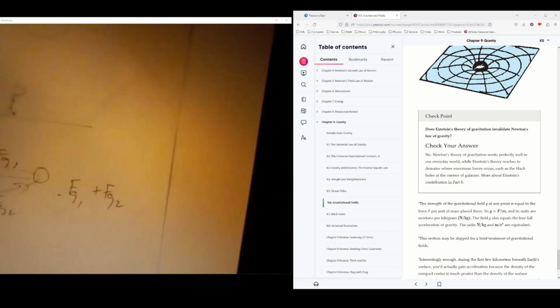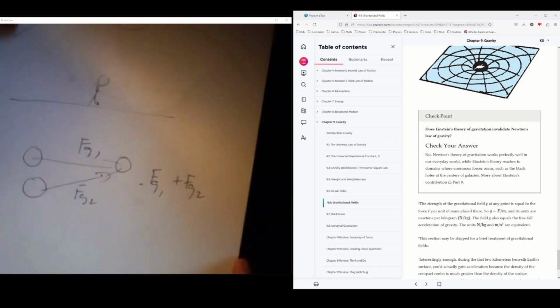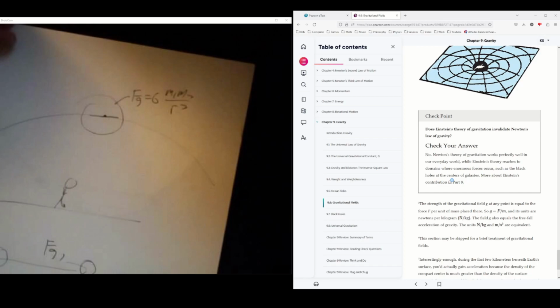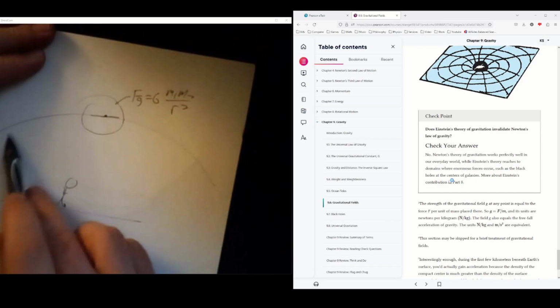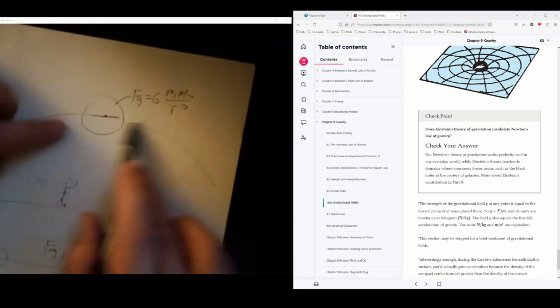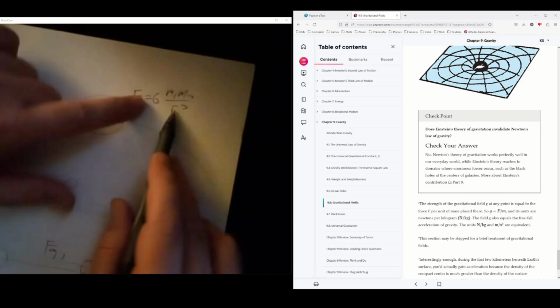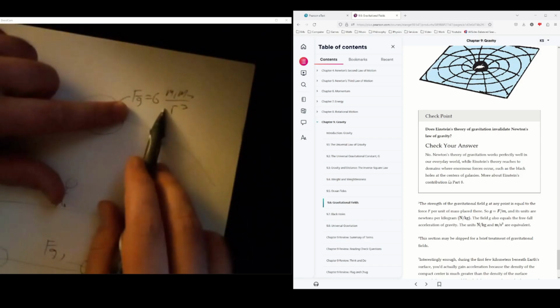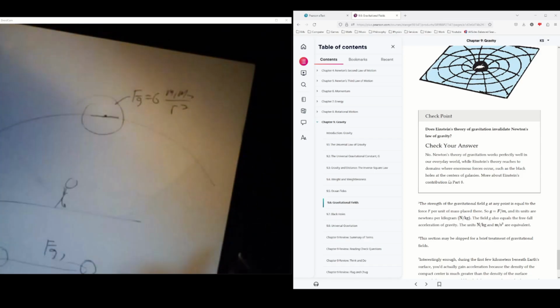So what we say in physics is, and it's actually quite fascinating from a mathematical point of view, with Einstein's theory, if you reduce it to flat space, you get Newton's equations. So the math of Einstein actually reduces to Newtonian mechanics.